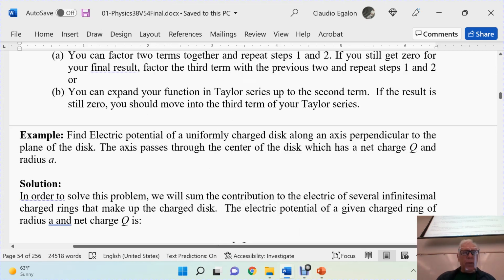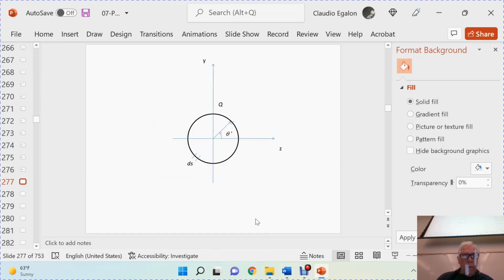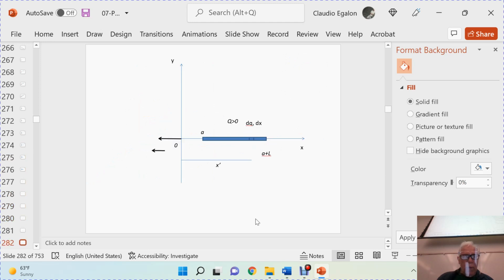Okay, electric potential of a uniformly charged disk along an axis perpendicular to the plane of the disk. Let me see if I have the disk here. Oh, here you go. Here is the disk. We'll leave this one here for later on.